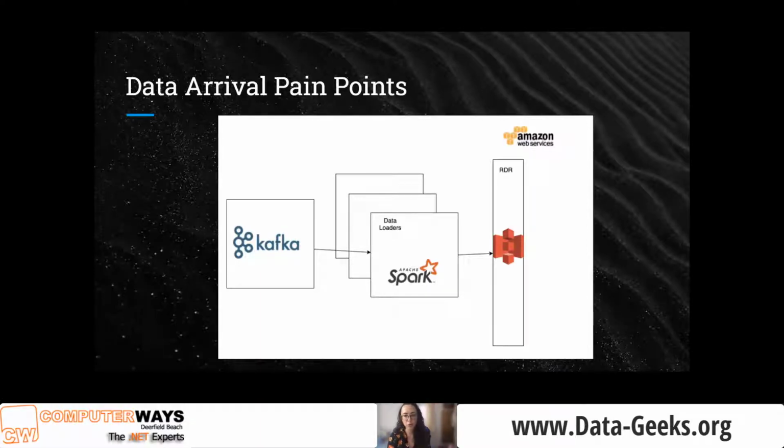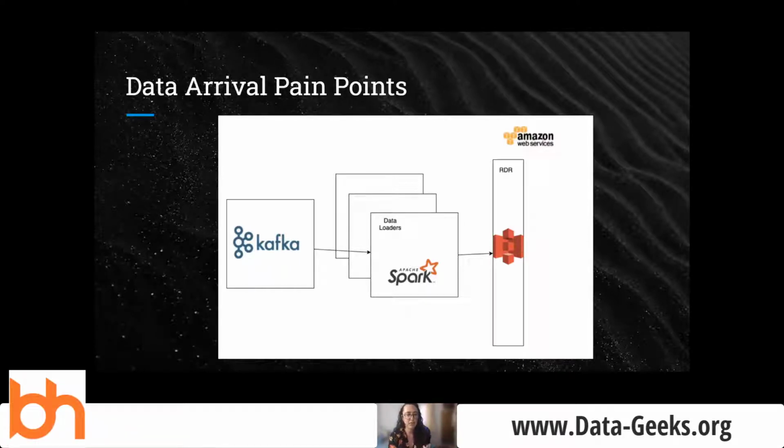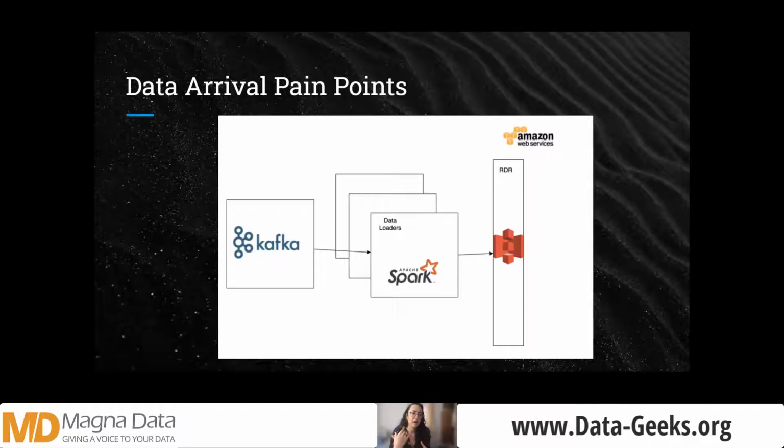So some of the brokers are crashing, and then you have arrival latency on that data. Same goes for the Spark applications. They're crashing, the alerts start popping up. Someone has to go and look at the Spark application, see what happened, right? And then again, your data gets delayed.